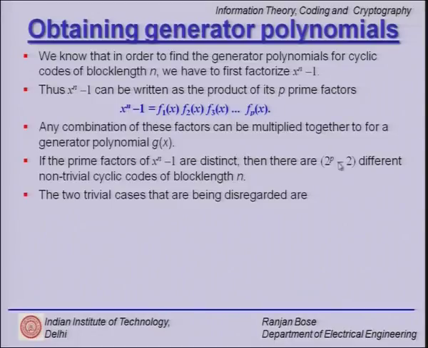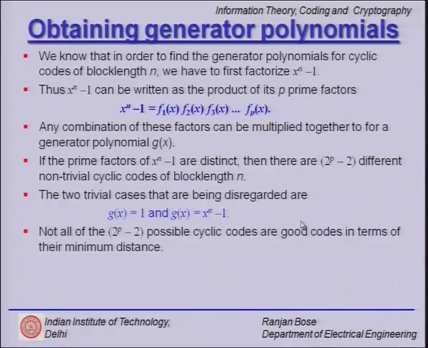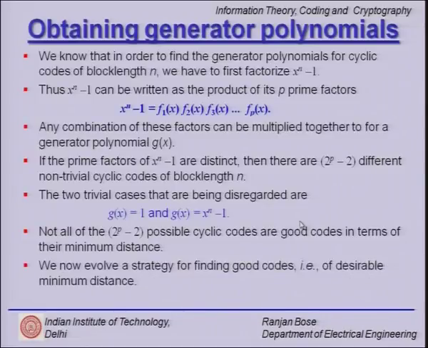If you add them up, you get 2 raised to p minus 2, because 1 is a factor and x raised to the n minus 1 is also a factor. If you remove these two trivial cases, you are left with 2 raised to p minus 2 non-trivial cyclic codes. What we will try to do is, for special values of n, write these factors out completely, and that is the aim of today's lecture.